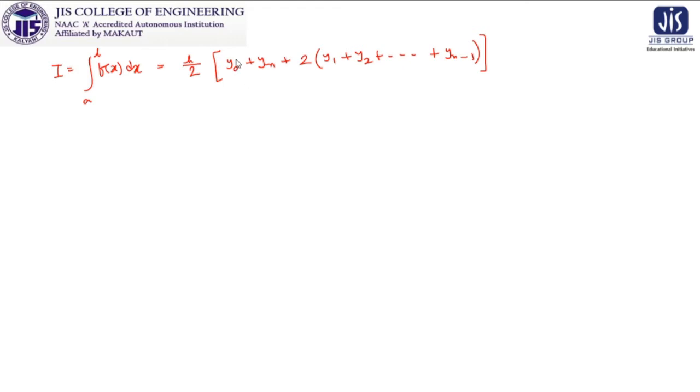Now look at this. h is known to us, y0, yn, y1, y2 up to y(n minus 1), all these are known to us because we have calculated. These are provided and these are calculated.